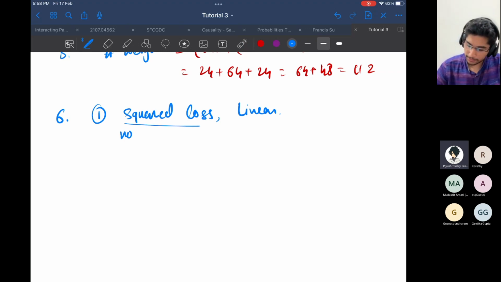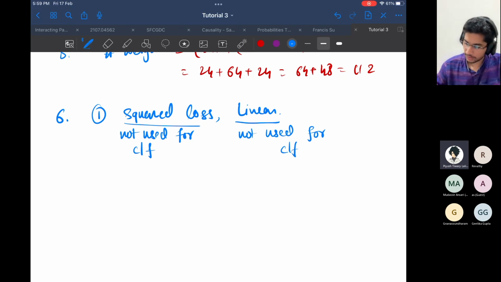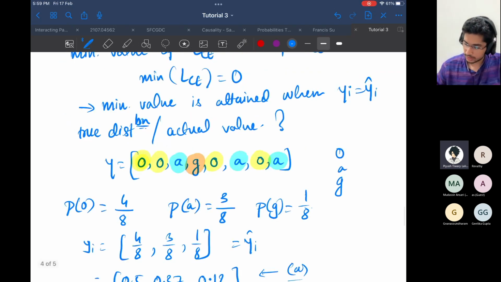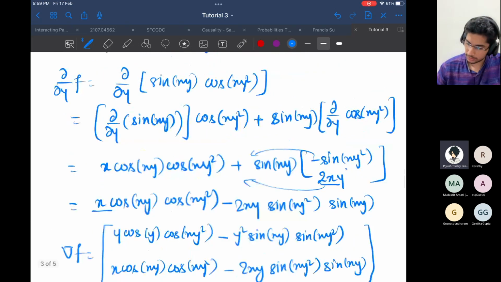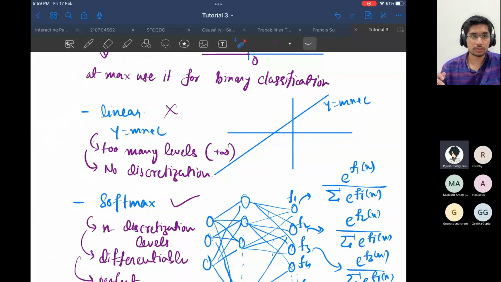Squared loss is not used for classification. I will write just CLF. Linear activation is not good, not used for CLF. If you missed when we discussed the problems with linear functions, when this lecture is shared with you, you can go back and see what the issues with linear functions are.